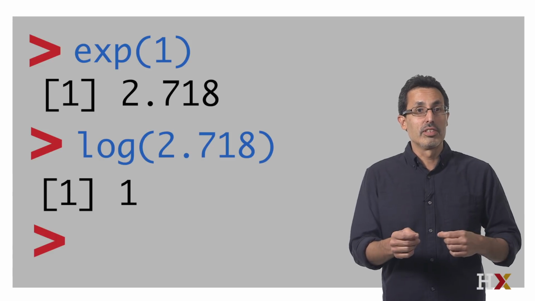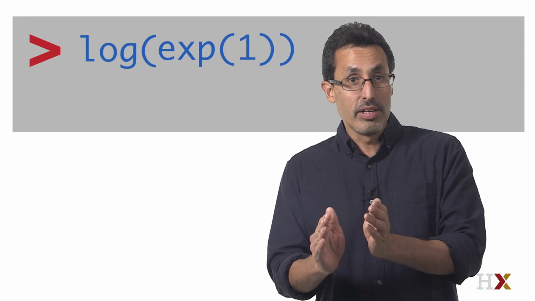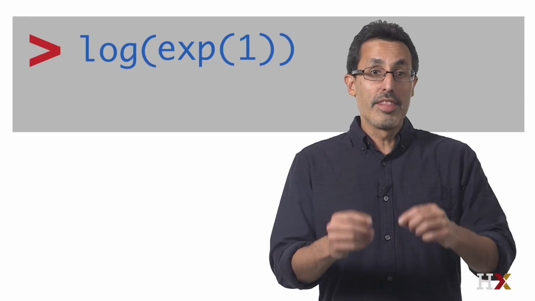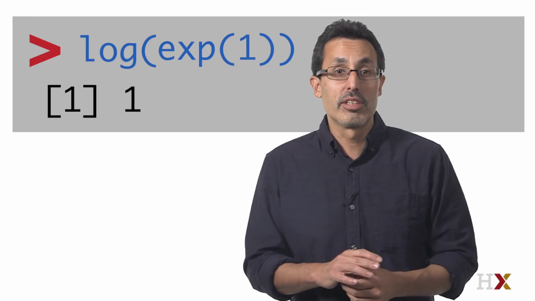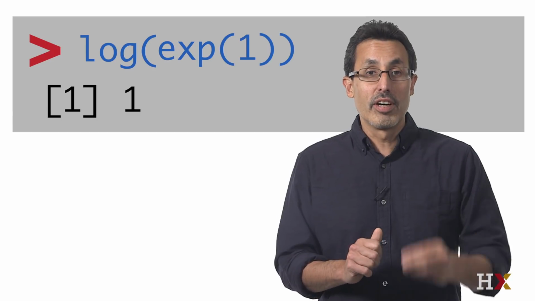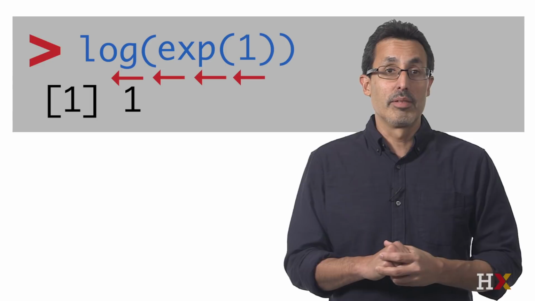These are inverse functions. So if we type the function log, and inside that function we use the argument exp, again with parentheses, and put a 1, we first evaluate the first function, exp of 1, and then we evaluate the second. And we get the answer of 1, again, because these are inverse functions. So the important thing to remember is that functions are evaluated from the inside out when you nest them.